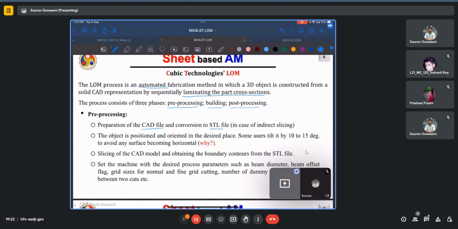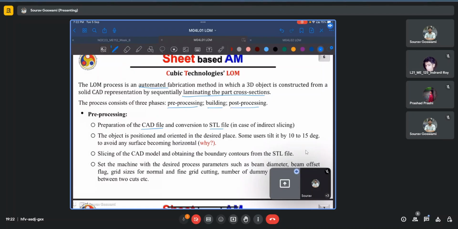The object is positioned and oriented in the desired place, and the presence of horizontal surfaces is especially detrimental to laminated or to any sheet additive manufacturing process, especially to LOM. That is because, as we were discussing, those horizontal surfaces will require explicit support structures. At the end of the process, when we remove all those grid lines by the decubing process, the removed support structure might leave some remnants on the build surface if they are horizontal.